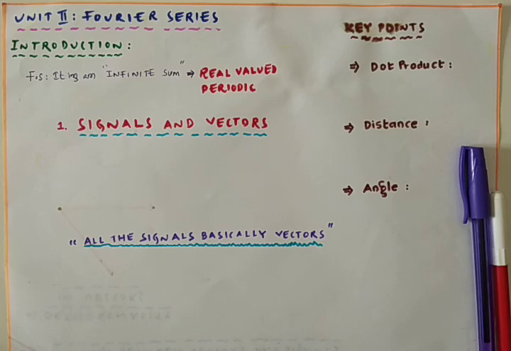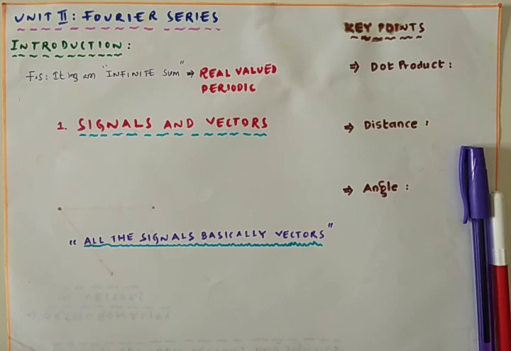So why can we treat signals as vectors? Because the definition of a vector is a quantity which has a magnitude and direction. If you apply the same definition to a signal, a signal also has magnitude and direction. So we can say that all signals are basically vectors only.